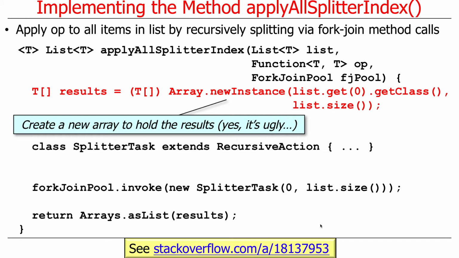So what this thing does is it comes in, and the first thing it does before anything else is make a new array that's going to be used to hold all the results. We need an array big enough to hold every operation on each element in the original list, so it's going to have as many items as the list had. Well, in a normal language like C++, this would be trivial.